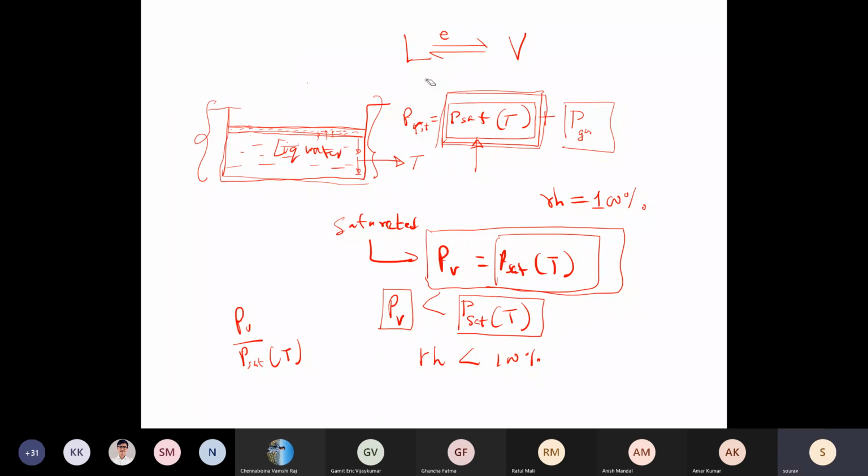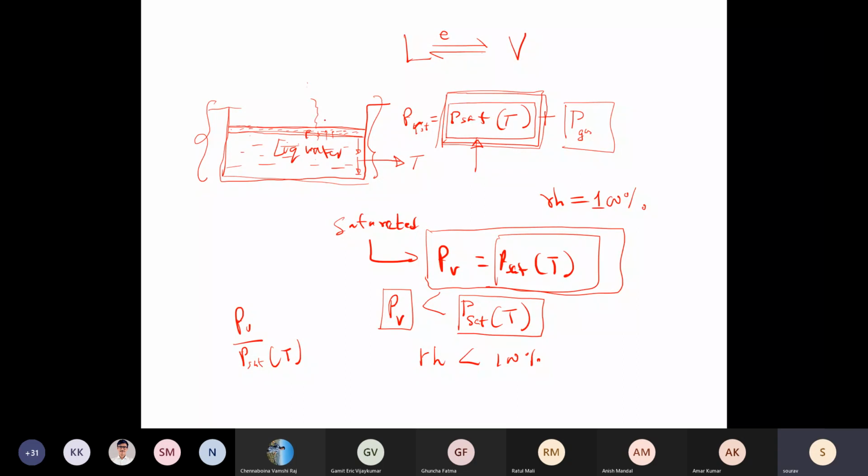So ultimately, the evaporation process is a combination of the phase change as well as mass transfer. So your evaporation will stop if you do not have this mass transfer. So your phase change process will stop because you will attain an equilibrium condition.